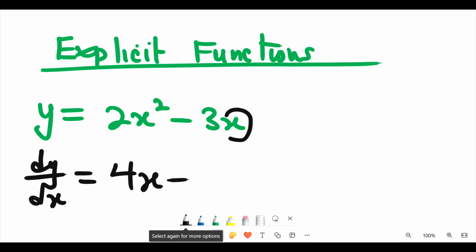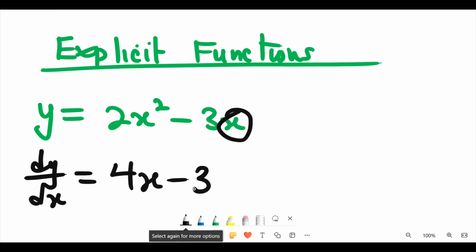We are going to get 4x. Then minus, the power of this x is 1, so when 1 multiplies negative 3x, we are going to get negative 3x. Then we reduce the power of x by 1, which is 1 minus 1, so it's going to be 0. x exponent 0 is equal to 1, since x is not equal to 0. So here becomes 3. All right, so this is how we differentiate explicit functions.